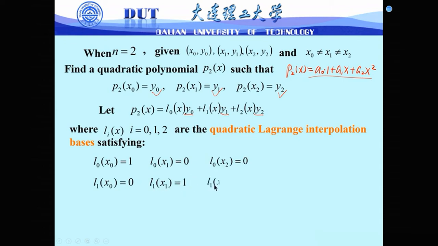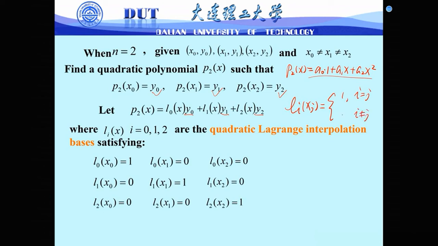And L1(x2) should be 0. L2(x0), different, 0. L2(x1), different, 0. L2(x2), same, it is 1. This is also the property: Li(xj) is 1 if i equals j, otherwise the function value is 0. Clear?